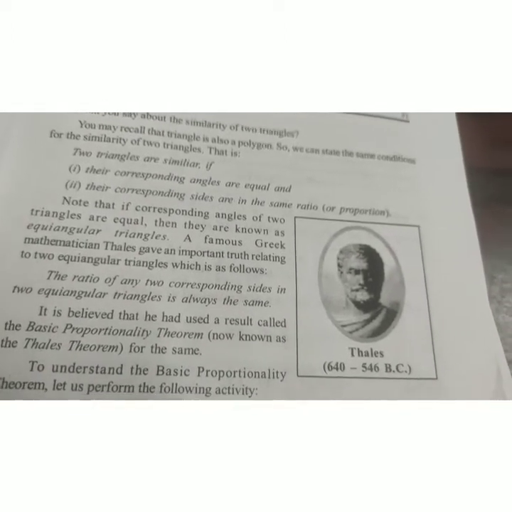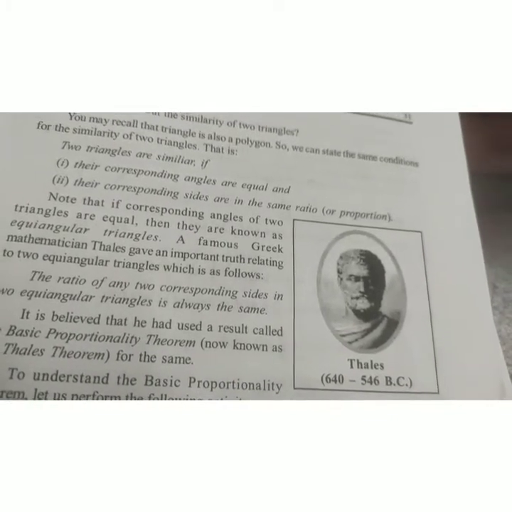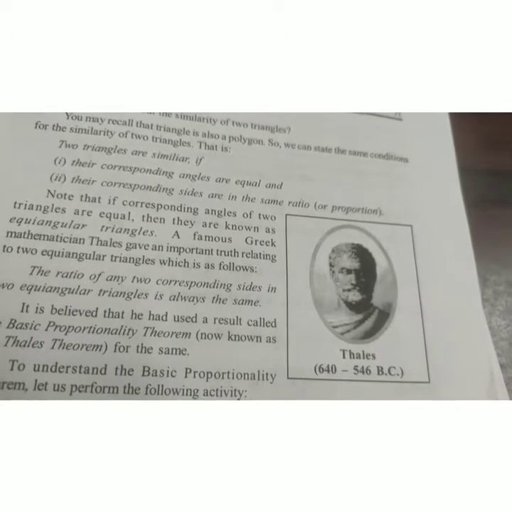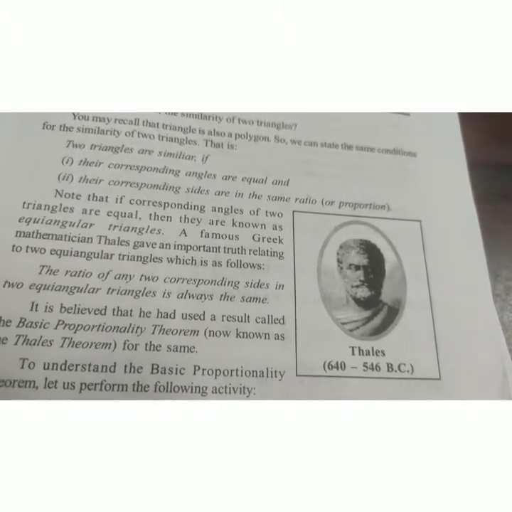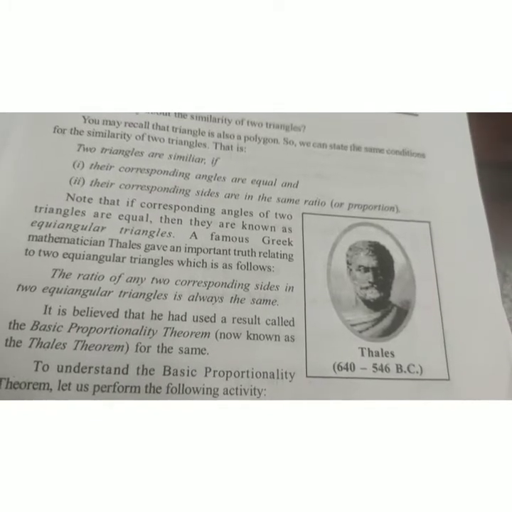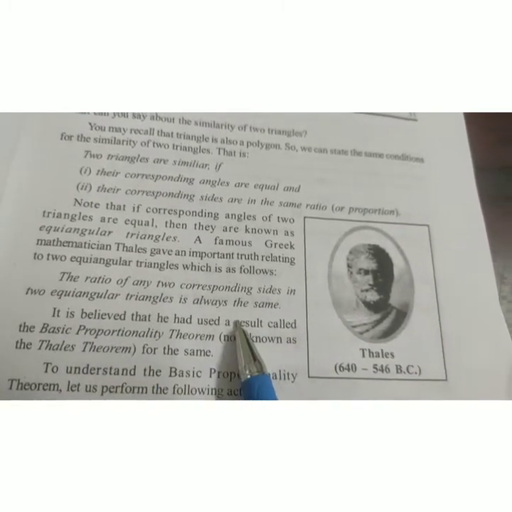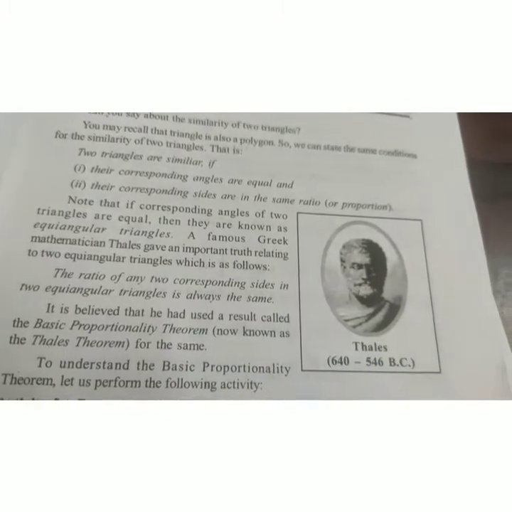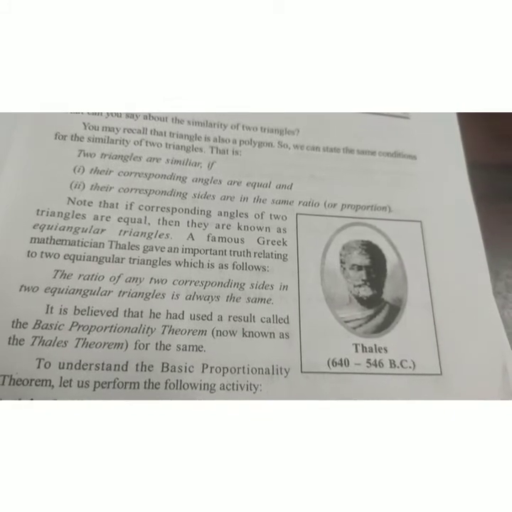Thales has said that two triangles are similar if their corresponding angles are equal and corresponding sides are in the same ratio. If the corresponding angles are equal, then those triangles are called equiangular triangles.